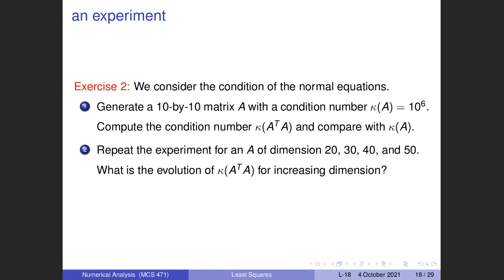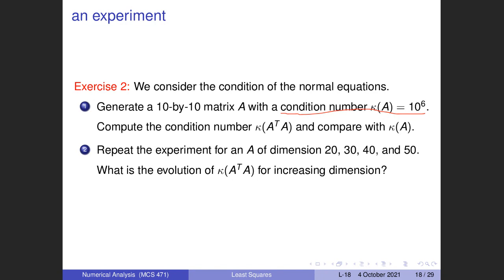So for this exercise, we must go back to lecture 9, where we constructed matrices with a prescribed condition number. How does this go again? Well, you start with the identity matrix, and you turn the last element to 10 to the power minus 6. So the best matrix is the identity matrix.